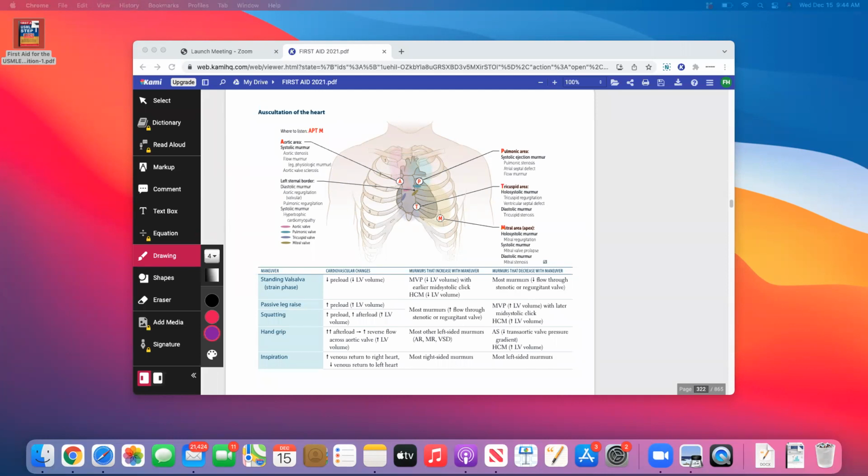Okay, so let's begin with a little bit of revision and recapitulation. Let's start the lecture for today. First and foremost, let's start talking about some equations with which we started our lecture yesterday. Can anyone tell me very quickly, what is the equation for stroke volume?